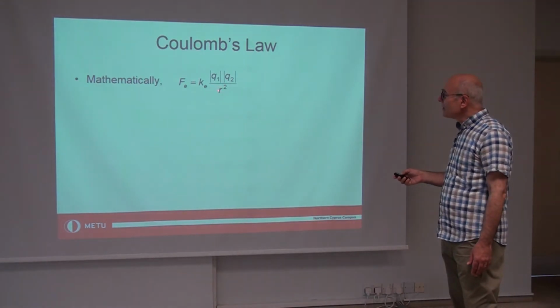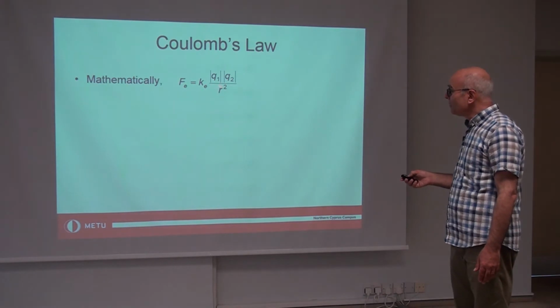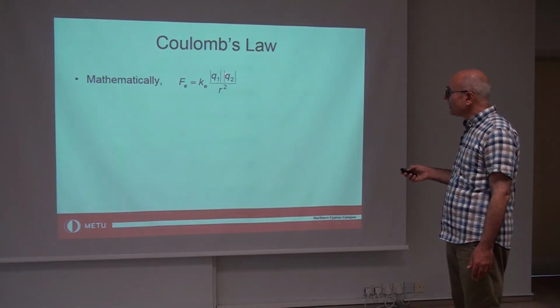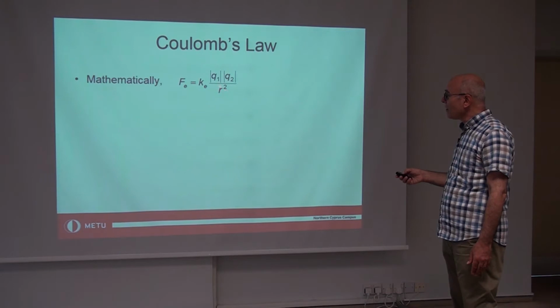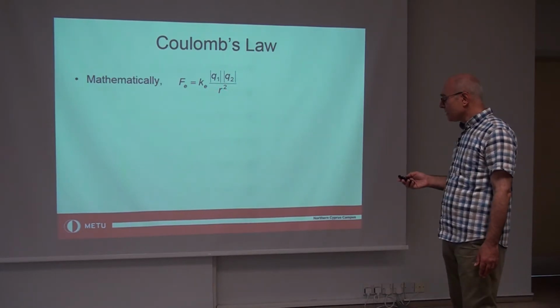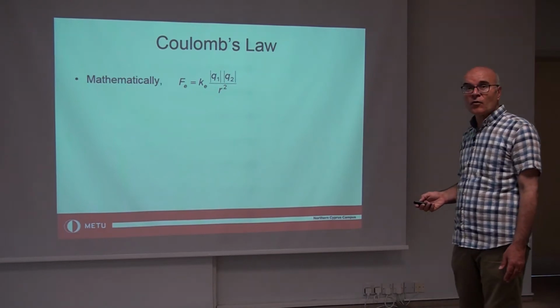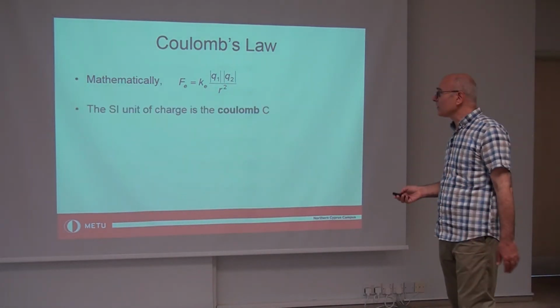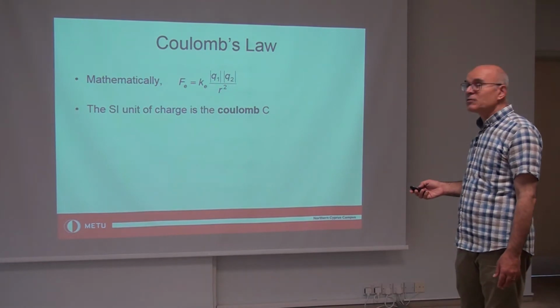Now, this is the distance between them, so it is in the denominator, and F increases with the increase of this product and decreases as 1 over r squared. So this is the mathematical formula that gives us the magnitude of Coulomb's force between two particles.